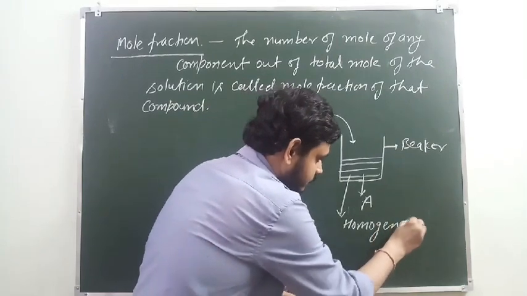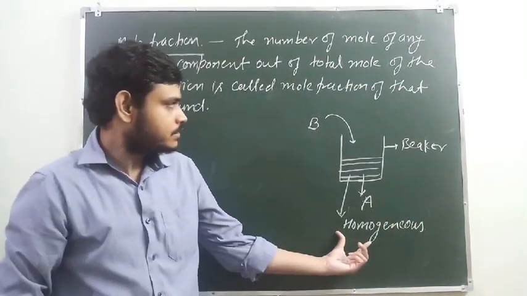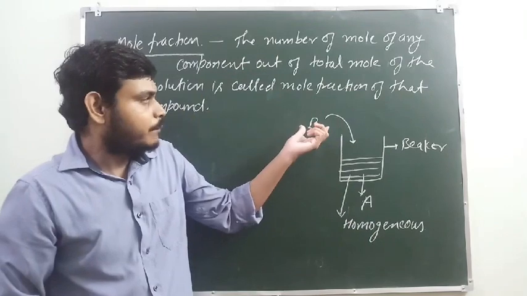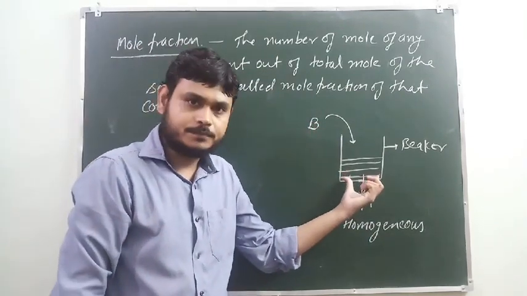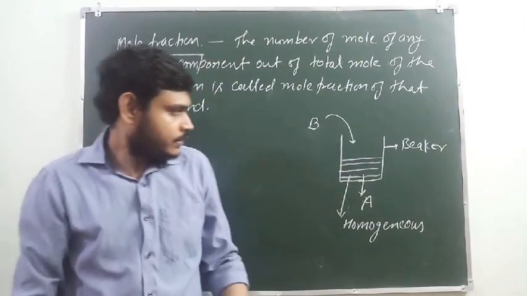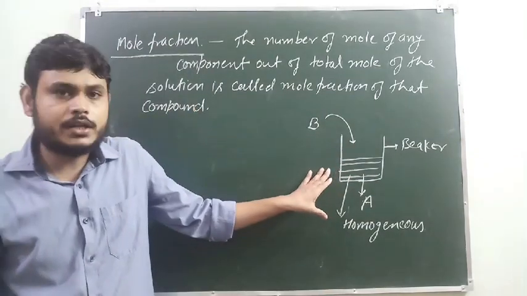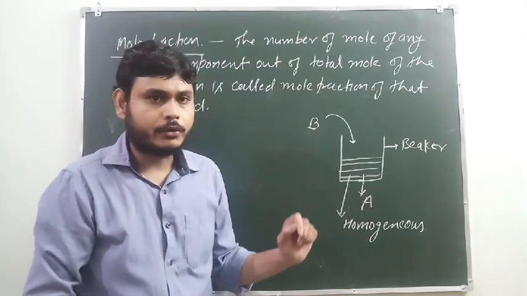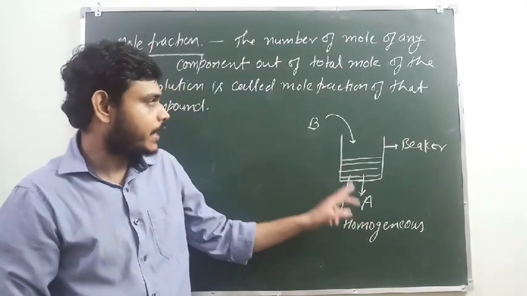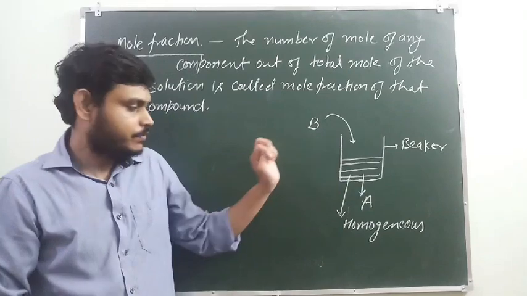Homogeneous means the component B is equally distributed throughout the solution. Clear? This solution is a binary solution because there are two components, component A and component B.